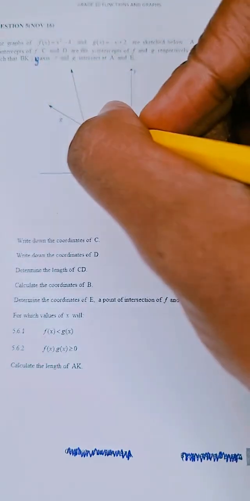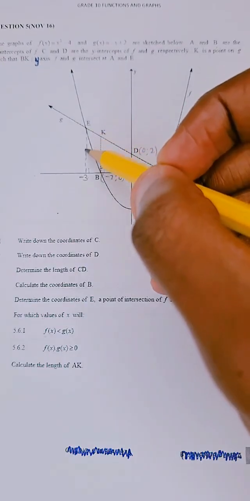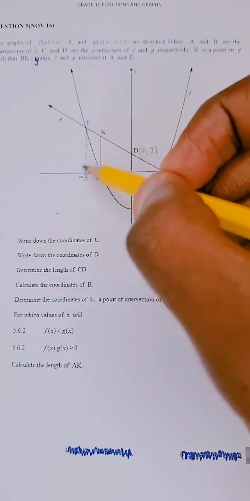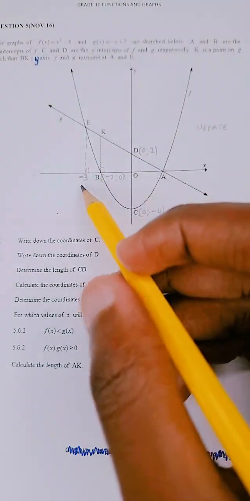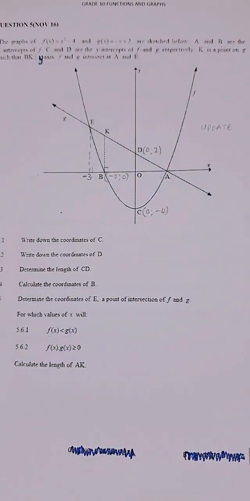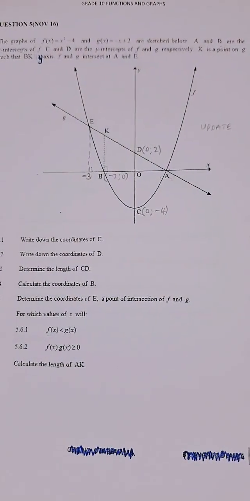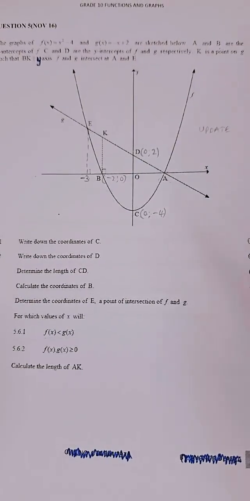So what I do is I come here. Remember, all along this vertical line, x will be -3 everywhere. But here, that -3 is a representation of the x coordinate of what? Of E. Let's continue.